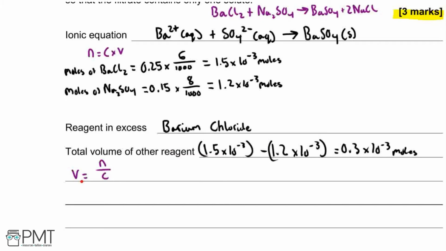So in order to find our volume we do 0.3 times 10 to the minus 3 divided by 0.15, which is going to get us a volume of 0.01 decimeters cubed, which is the same as 10 centimeters cubed. So we need that 10 centimeters cubed for our final mark. So that's the third mark of the question, as that's the volume we need to add to ensure a complete reaction.